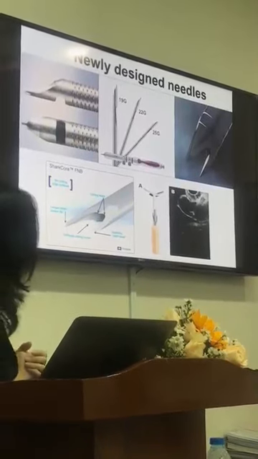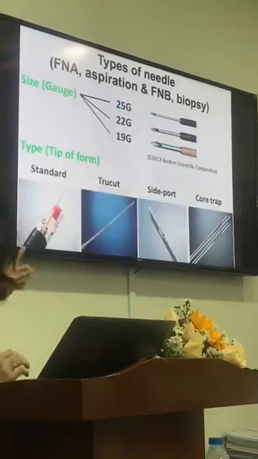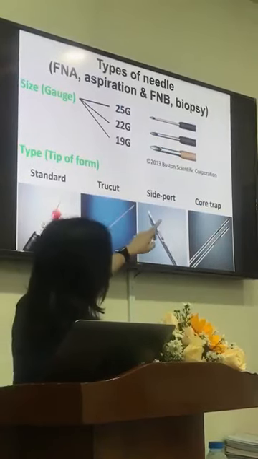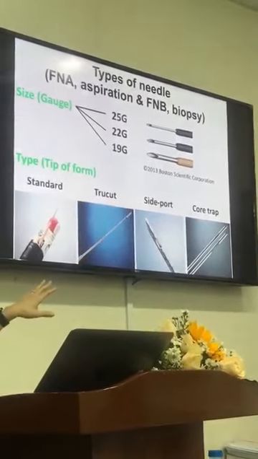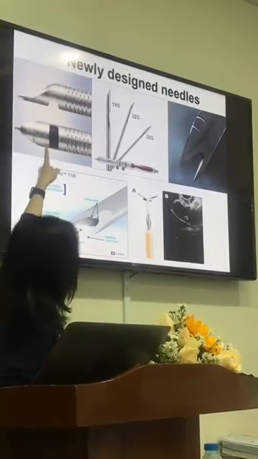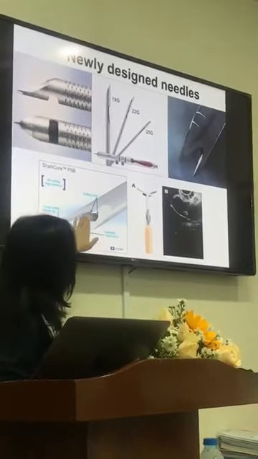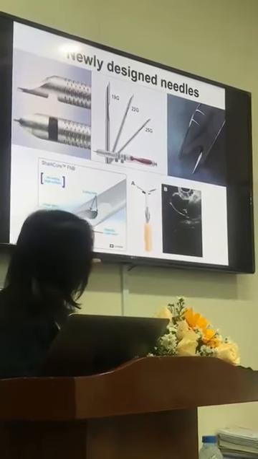What about the newly designed needles? What happens with a standard FNA needle is that you only have a hole at the tip of the needle. But with the newly designed needles, you have a side hole right there, which is called a side port. Or you have this, which is Franseen. The tip of the needle is different, allowing you to get more tissue.